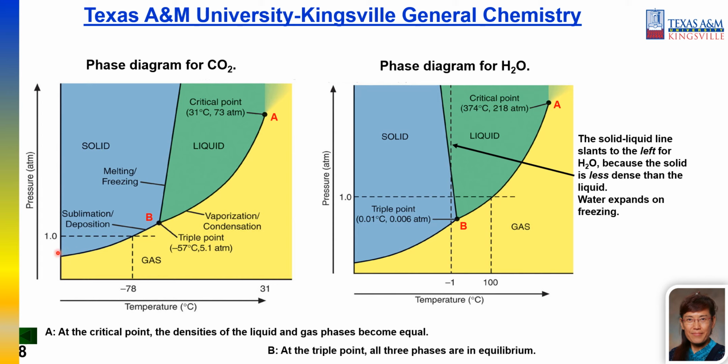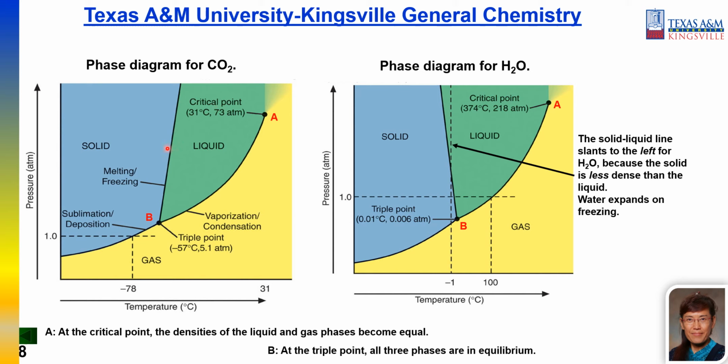This line is called the solid-gas phase line. Along this line, you are going to observe sublimation and deposition, which occurs in the reverse direction. They reach the equilibrium. It also means the solid and the gas phases are in equilibrium. For this straight line, the solid and the liquid phases coexist or are in equilibrium.